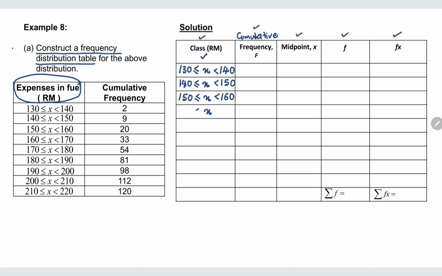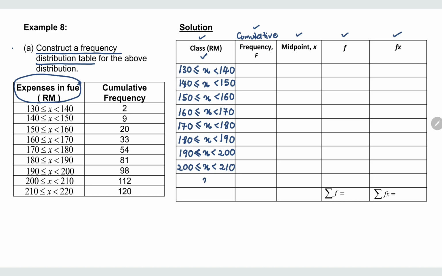The next class, x greater than or equal to 160, less than 170. Next class, we have x greater than or equal to 170, less than 180. The next class, x greater than or equal to 180, less than 190. x greater than or equal to 190, less than 200. Next class, we have x greater than or equal to 200 and less than 210.